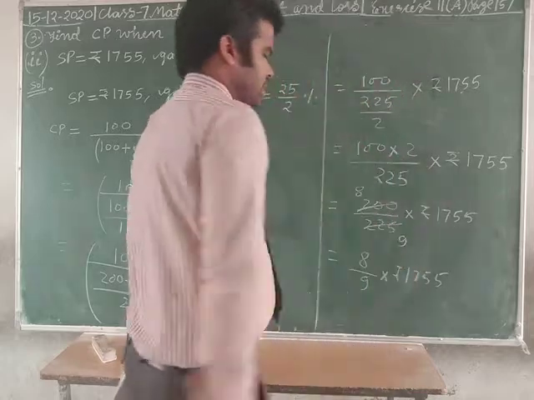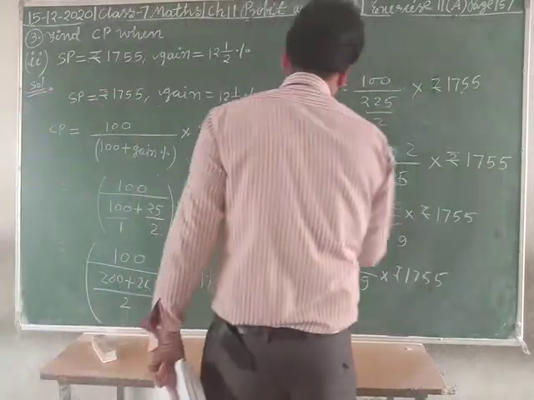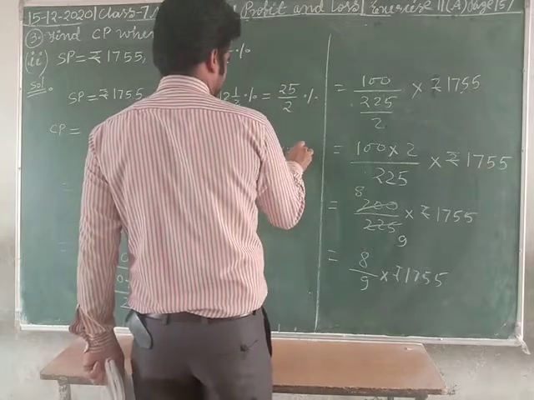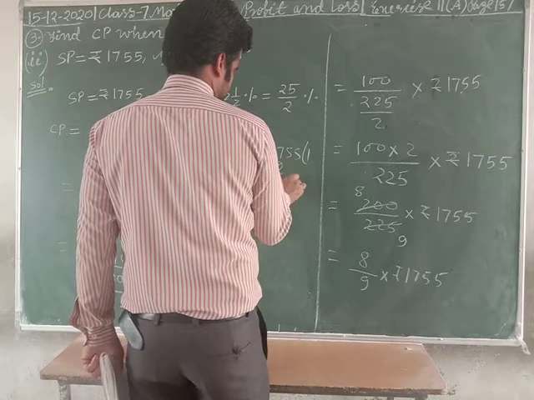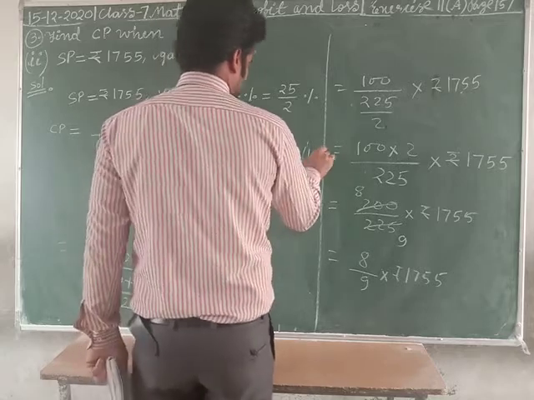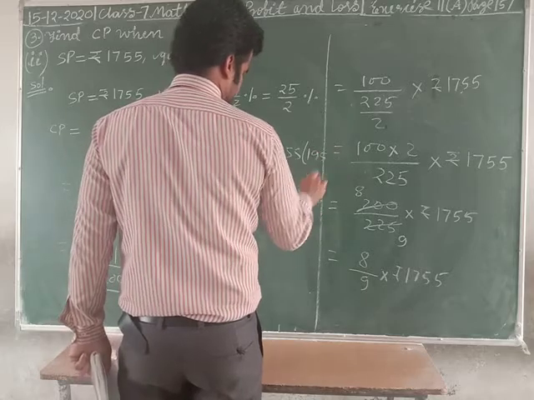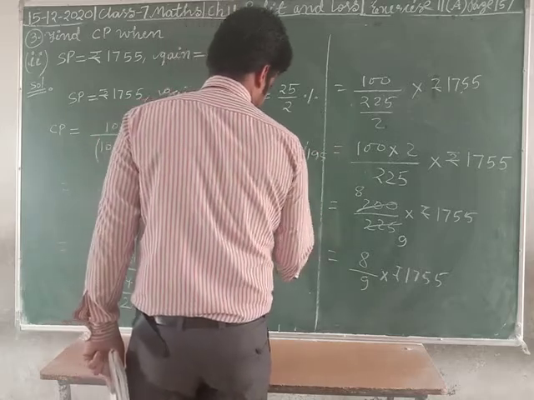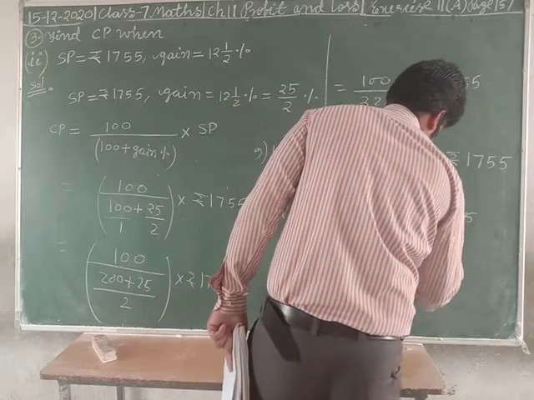We will cut it by 9, students. So we divide 1755 by 9. 9 times 9 is 81, 45, 9 times 5 is 45. So students, it will be rupees 195.